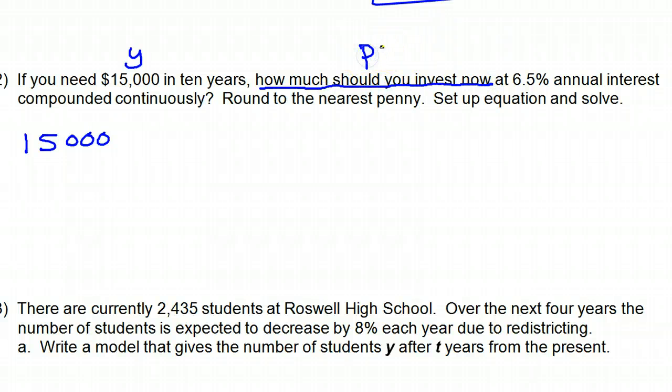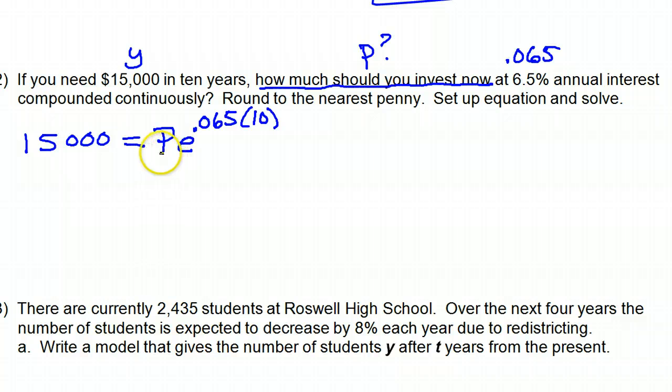You're being asked what is the principal that you would have to invest. So we'll just leave P as P. So here comes the PERT formula. PE, the R is the rate, which of course is 0.065, times time, 10 years.